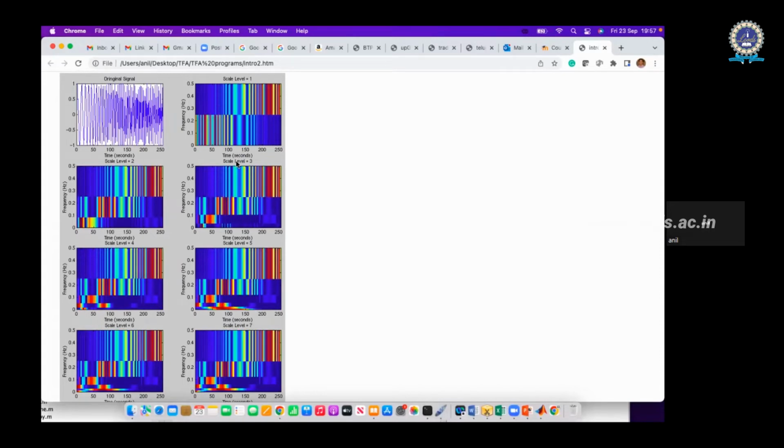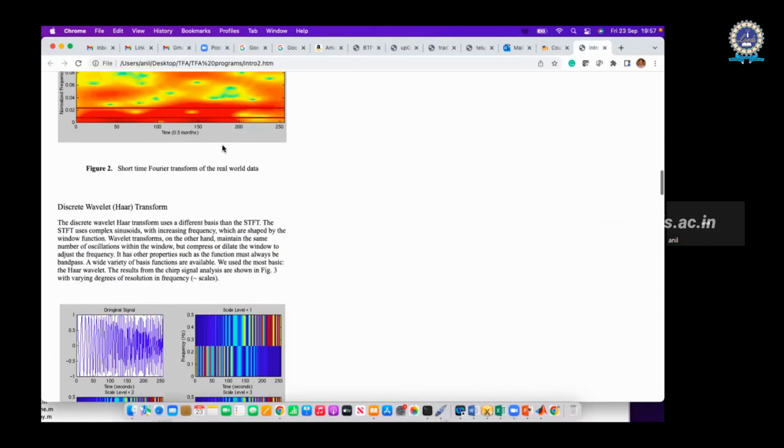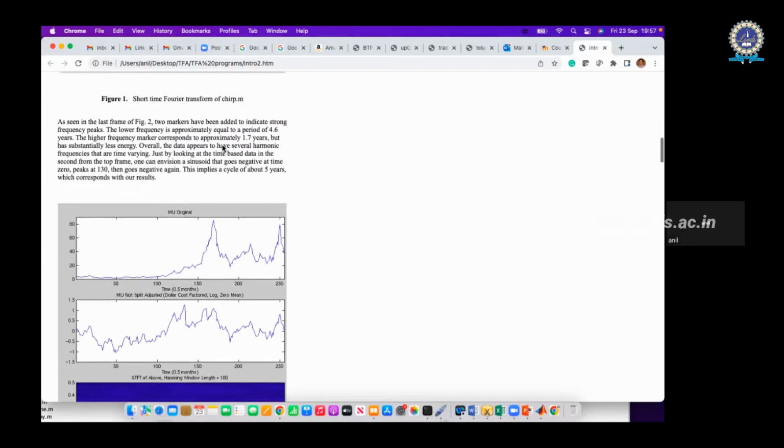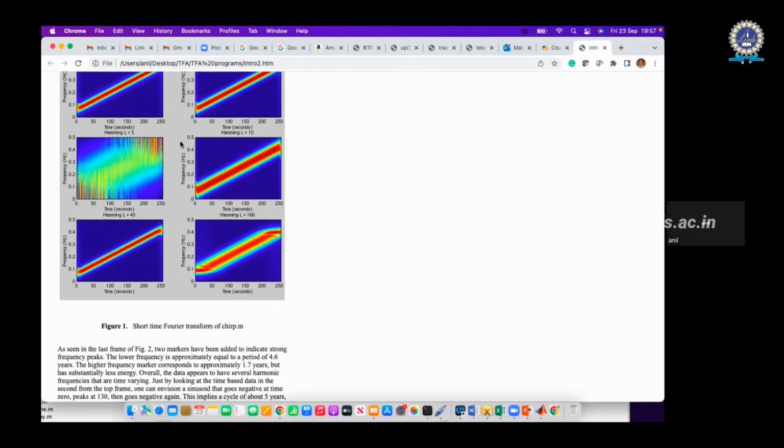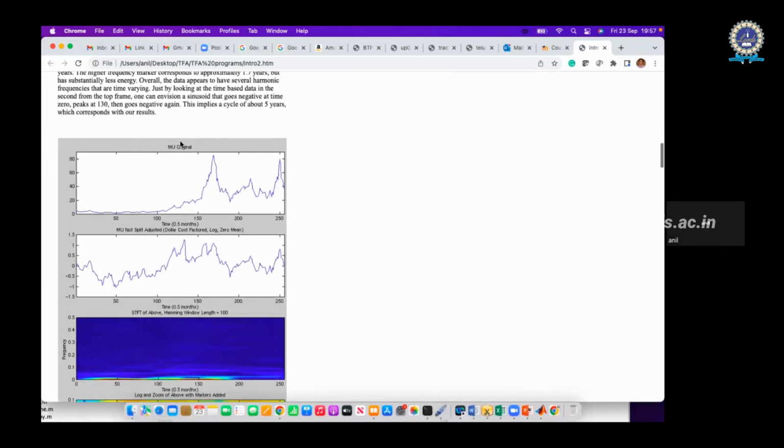This is usually scale-time versus frequency, so it has a different resolution. It is not like your short-term Fourier transform spectrum; your wavelet spectrum will be slightly different.